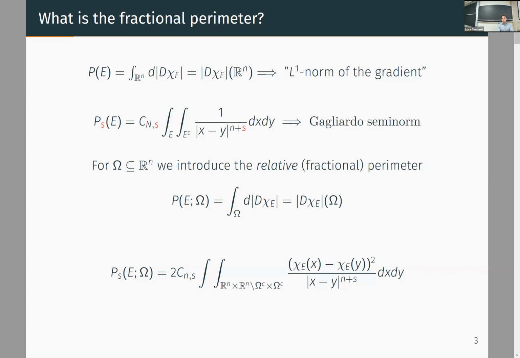All these notions are local, because to compute the perimeter you just need to know how the set is very close to the boundary. Instead, for the fractional one, as you can see, there are some non-local components appearing. For example, you are integrating over the complement of a set, and so you need to know what your set is also at infinity, let's say.